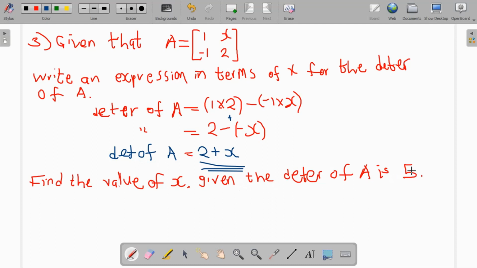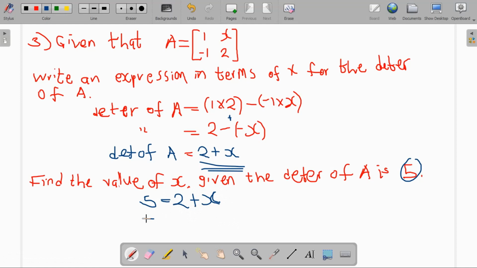So given that the determinant of A is equal to 5, we have to find the value of x. So we say 5 is equal to 2 plus x. This is the expression that we have already made. And then from there, we group the like terms.